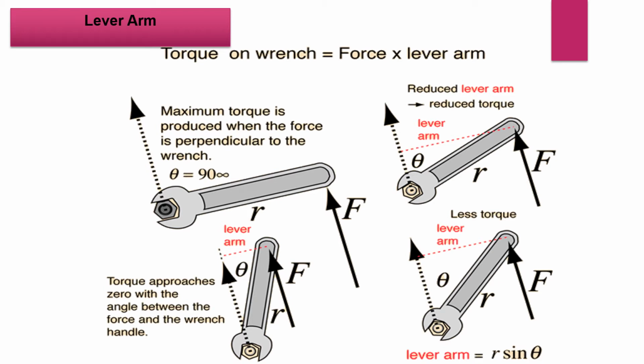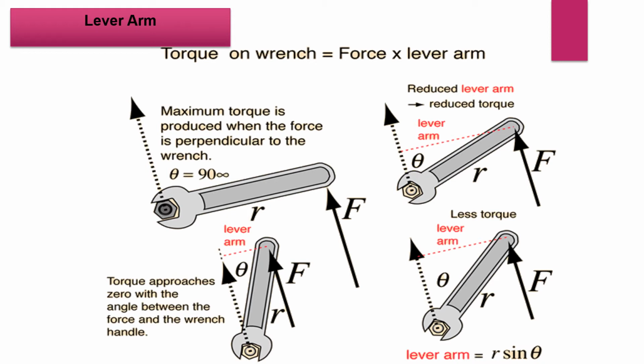After that, when it is moved a little bit upward, you can see the force is applied with a reduced lever arm. It means the torque will be reduced. In the third picture you can see the instrument is at maximum, 90 degrees.